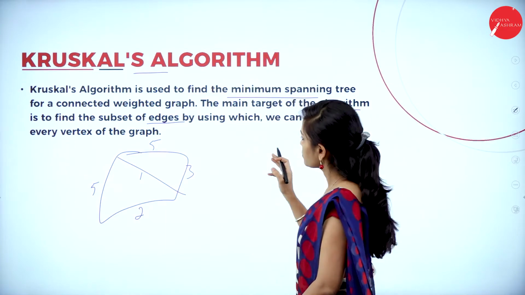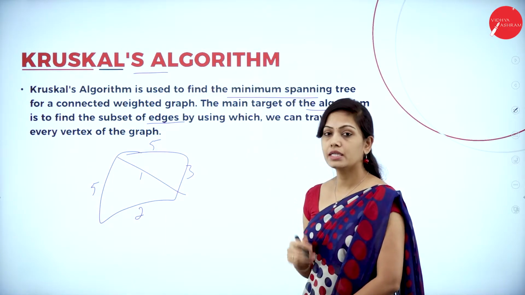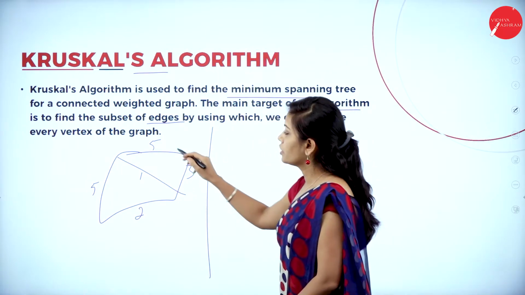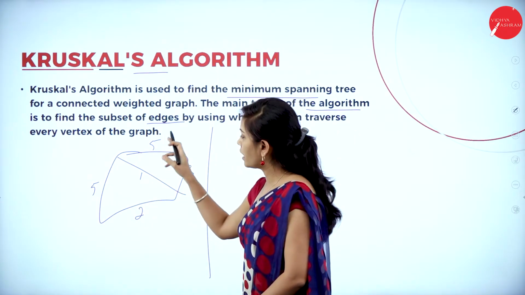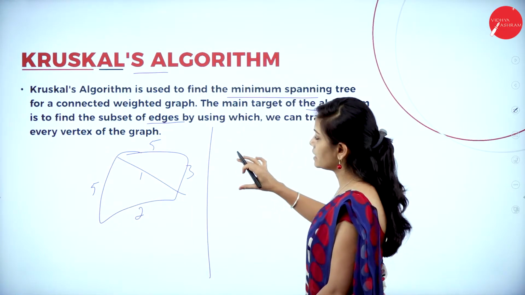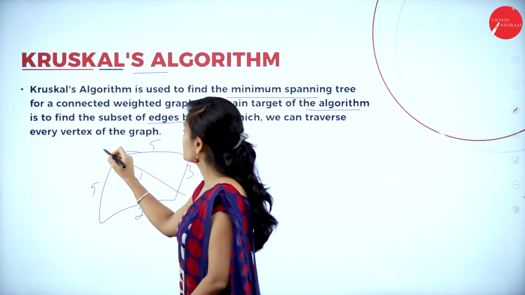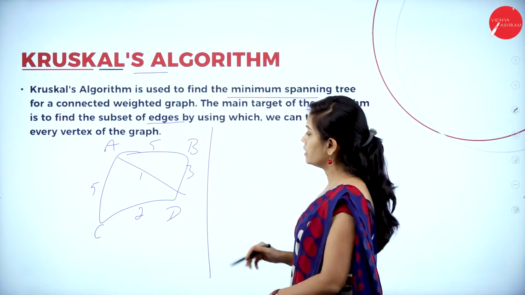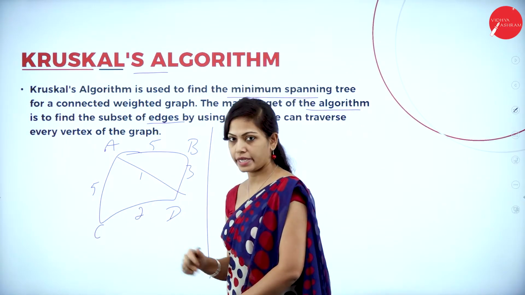Now I'll apply the Kruskal's algorithm concept. So here you have edges and weighted edges, right? So now I list all the weighted edges. So this is A, B and C, D. Here you have 4 vertices and 5 edges.